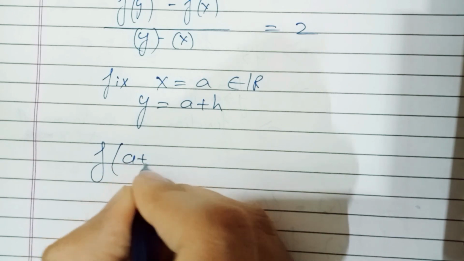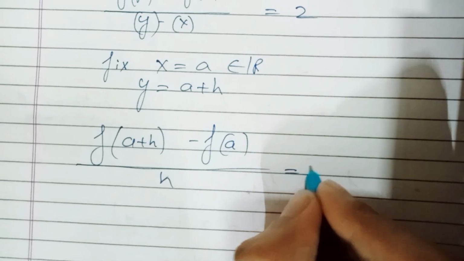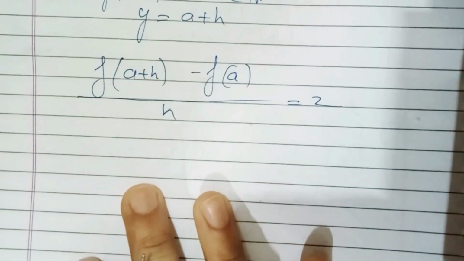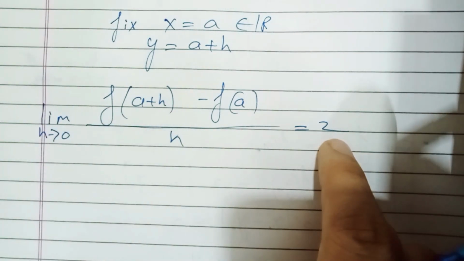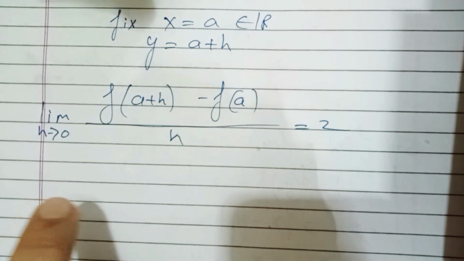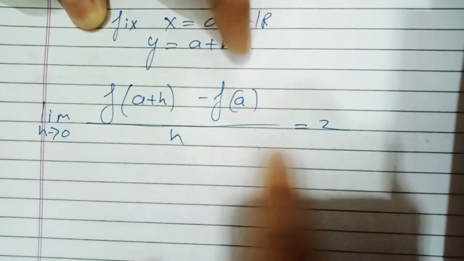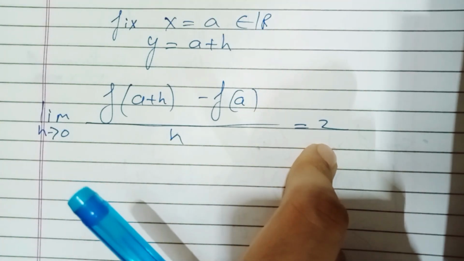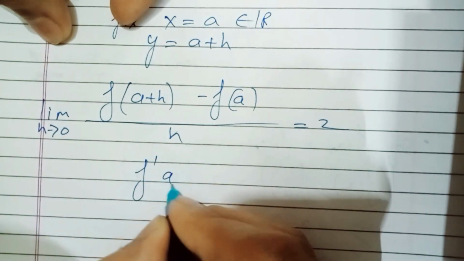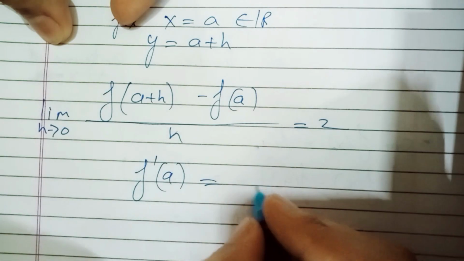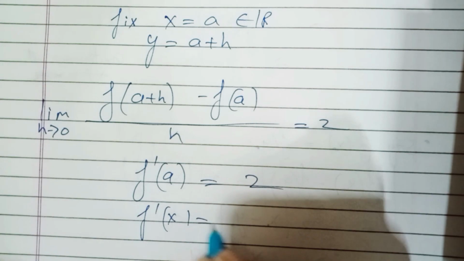Now I'll take the limit as h tends to 0. This 2 will remain just 2. This equality tells us that the limit equals 2. There's no ambiguity here, and it tells us that the limit does exist, and therefore this notation makes sense. Since a is arbitrary, I would have f dash x equal to 2 for all x belonging to R, and it would imply my function is 2x plus c.